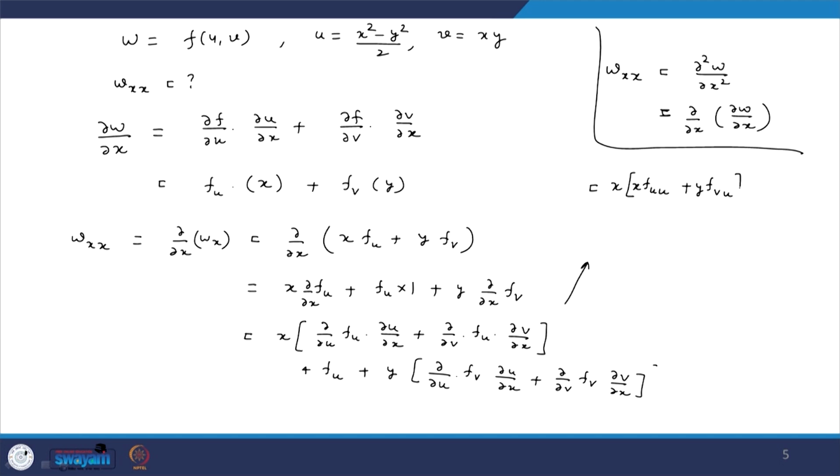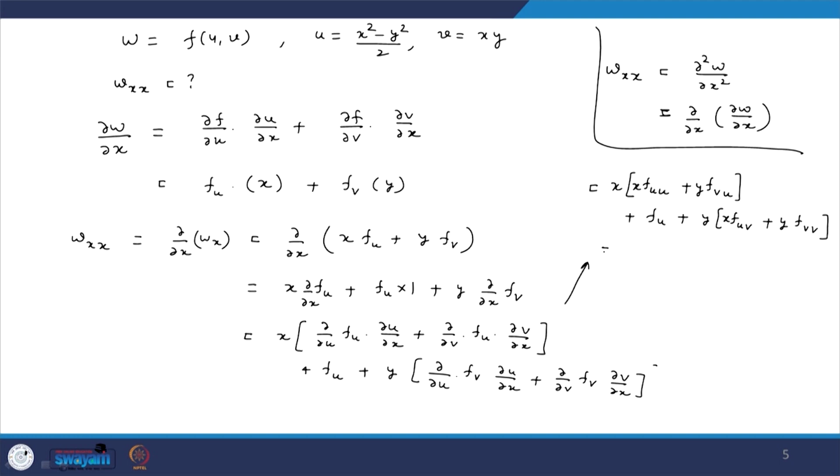So, y times this, plus f_u, plus y times what is del by del u of this expression? It is f_vu or f_uv, into x times, because del u by del x is x, plus del by del v of this is f_vv, and del v by del x is what? y.